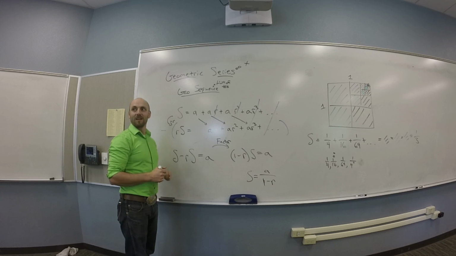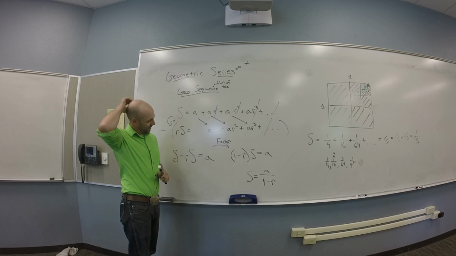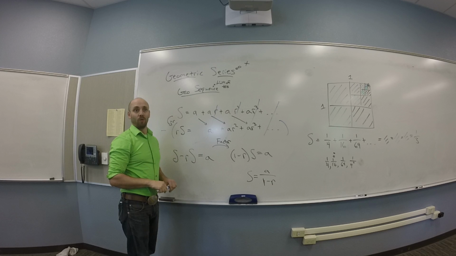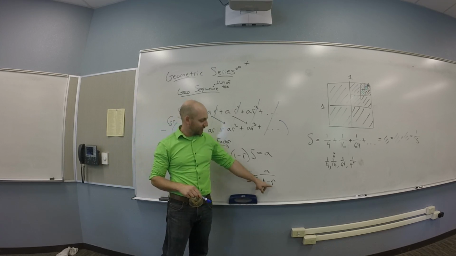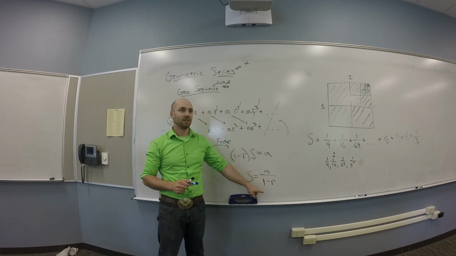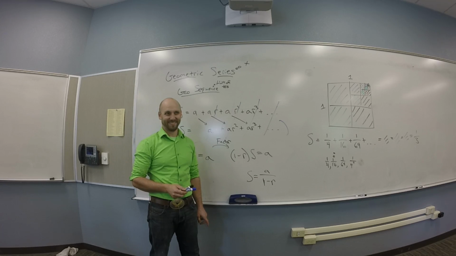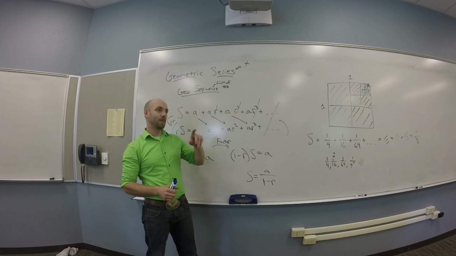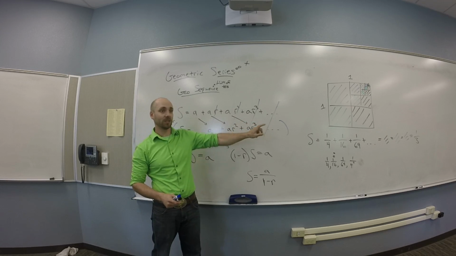You guys with this? Okay, there's one caveat I should add, which is that this only makes sense if R is not 1. If R was 1, it would just be the same number over and over again.